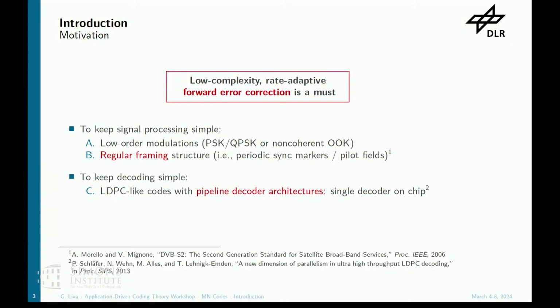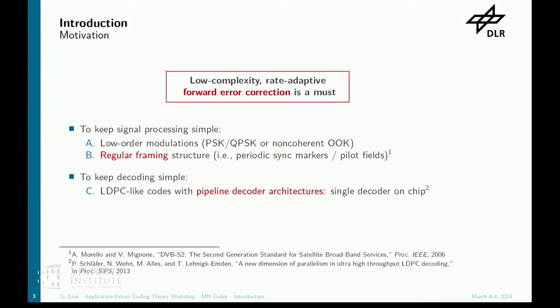In the coherent case, it can be BPSK or QPSK, or in the non-coherent case it can be on-off keying. It is very appealing to have a regular framing structure. By regular framing structure, I'm going to show a picture in a second, what I mean is to have, for instance, periodic frame sync markers. This allows to quickly acquire synchronization with the stream.